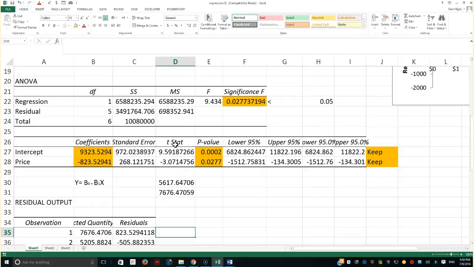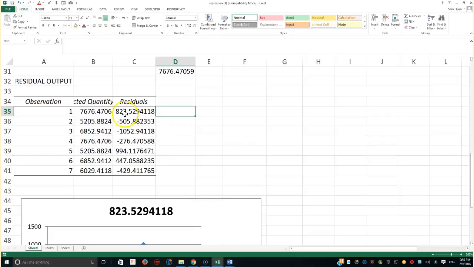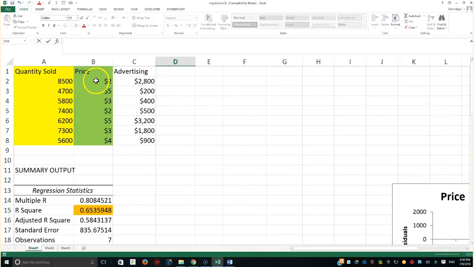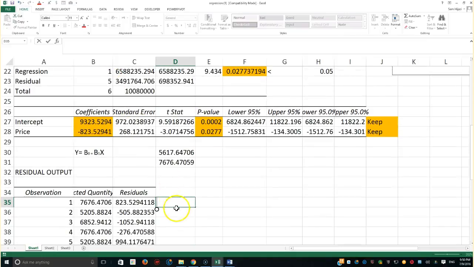Yes, in the observation we had $8,500 at price 2. And if I look at the prediction at price 2, it's going to be this value. We already calculated this value when the price is 2.